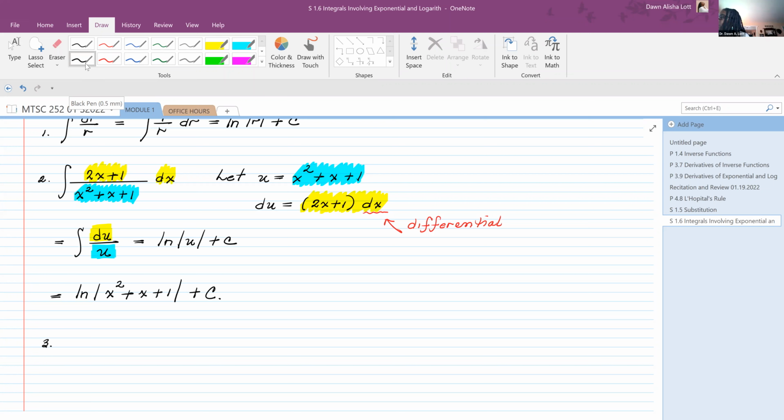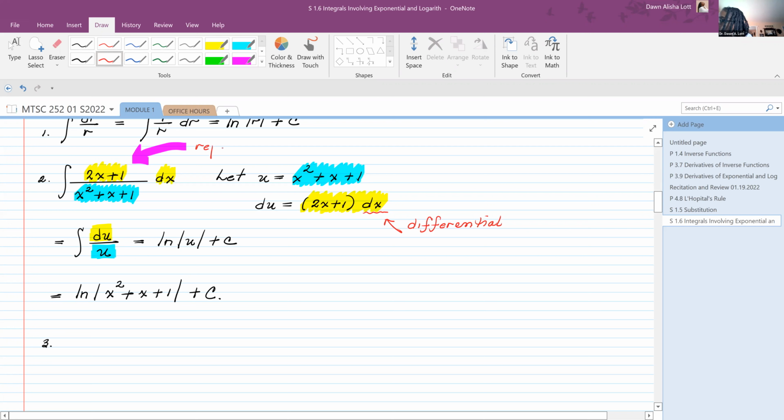Yes. So here on this side, I have 2x plus 1 dx. But I already know by definition from this side what I did with it. So over here, I need to replace 2x plus 1 dx with something that only involves u's, because I'm trying to get the x's out.